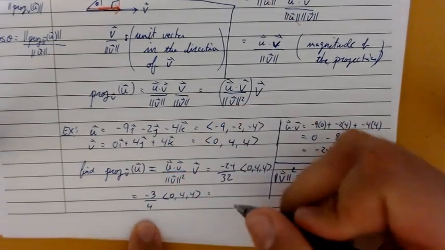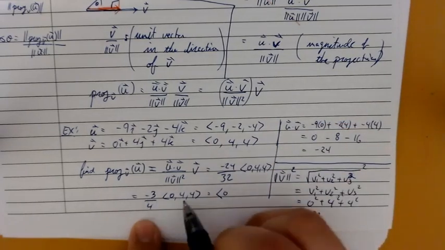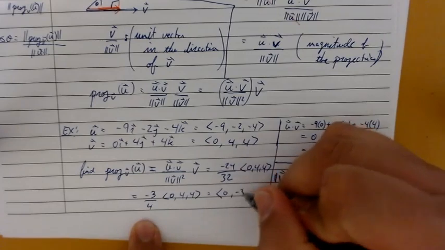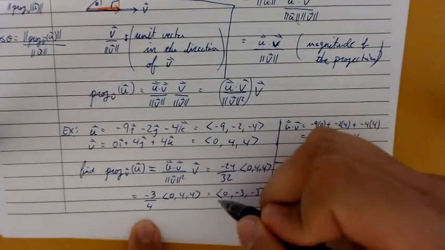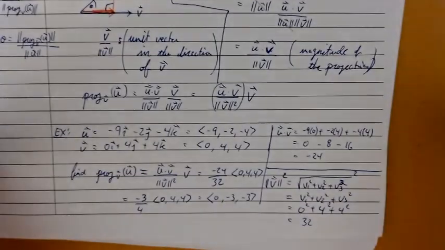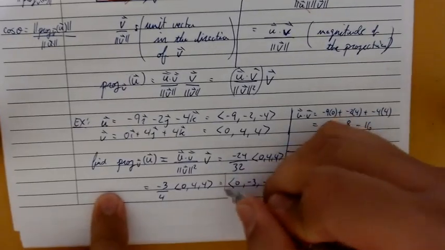So in the end, our projection would be, anything times 0 stays 0. Negative 3/4 times 4 is just negative 3. And negative 3/4 times 4 is, again, negative 3. So here, that is the projection of u onto v.